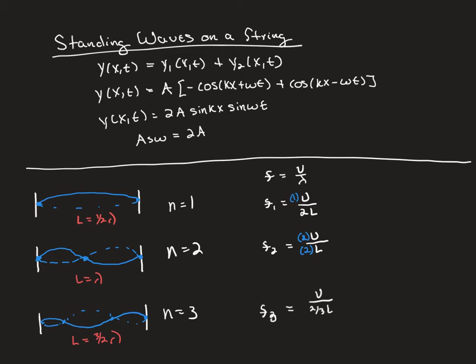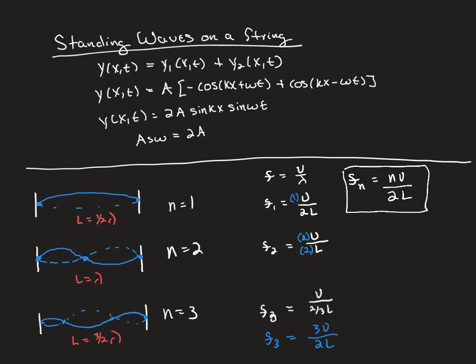And for our last one down here, I'm going to flip the fraction that is in the denominator. So you can see a pattern forming here where this is 1, this is 2 up top, this is 3 up top. We can rewrite this frequency equation for any harmonic, where the 1, 2, and 3 are harmonic numbers, as the harmonic number times the speed of the wave divided by 2 times L. So n is the harmonic number, with n equals 1 being the fundamental frequency.